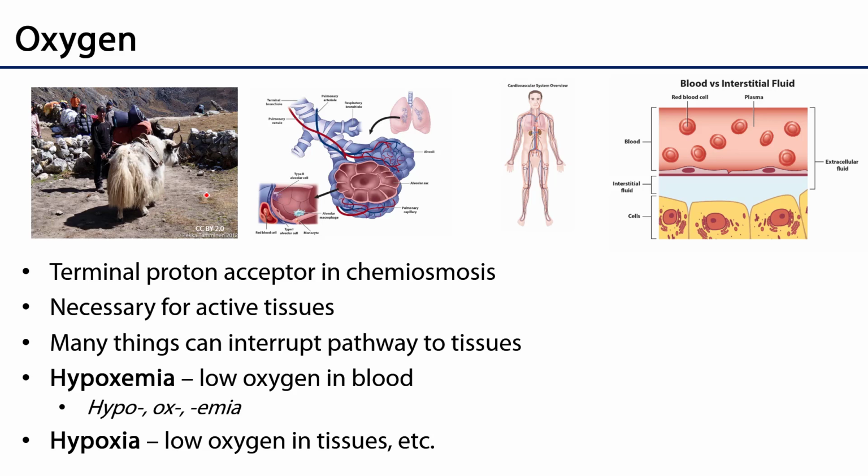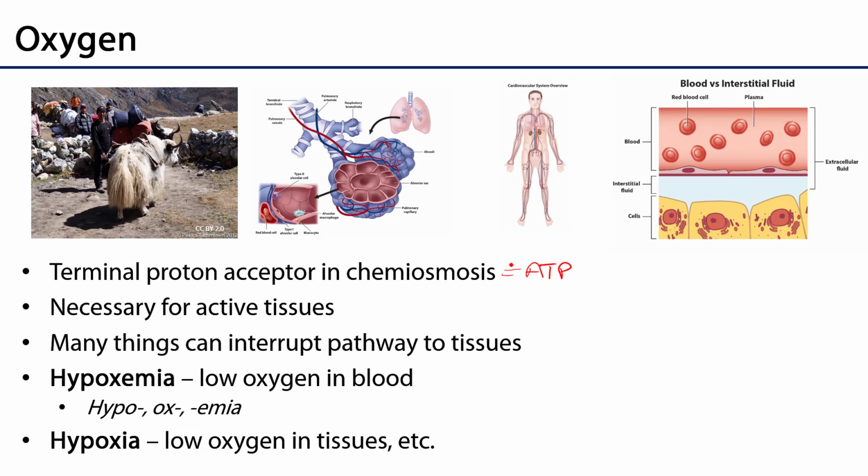So red blood cells are such a big deal because many organisms require oxygen. Oxygen is the terminal proton acceptor in chemiosmosis, and as such, oxygen is necessary to make large quantities of ATP.